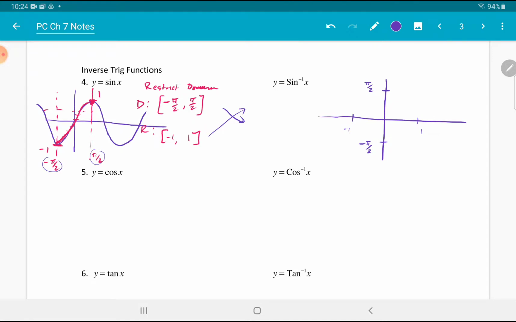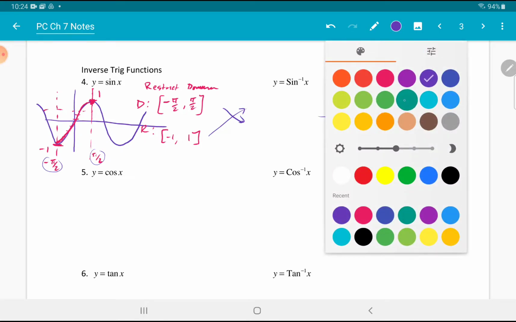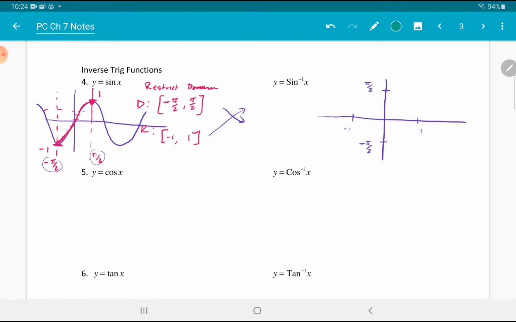Okay, and then from here, remember that the inverse is really just a reflection across the line y equals x. So if we think about the line y equals x, something like this, whatever is on one side of the line gets reflected over to the other side of the line. Notice here the sine graph is on top of that line y equals x, and therefore will get mirrored onto the bottom portion, which I'm now going to draw.